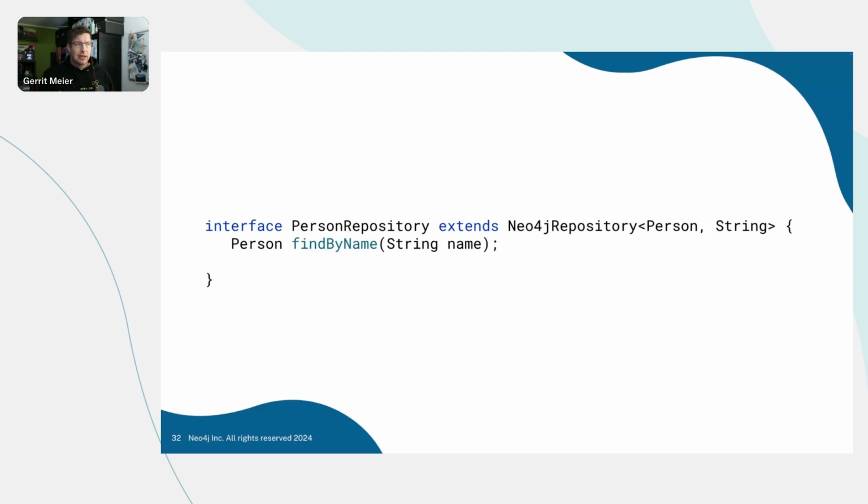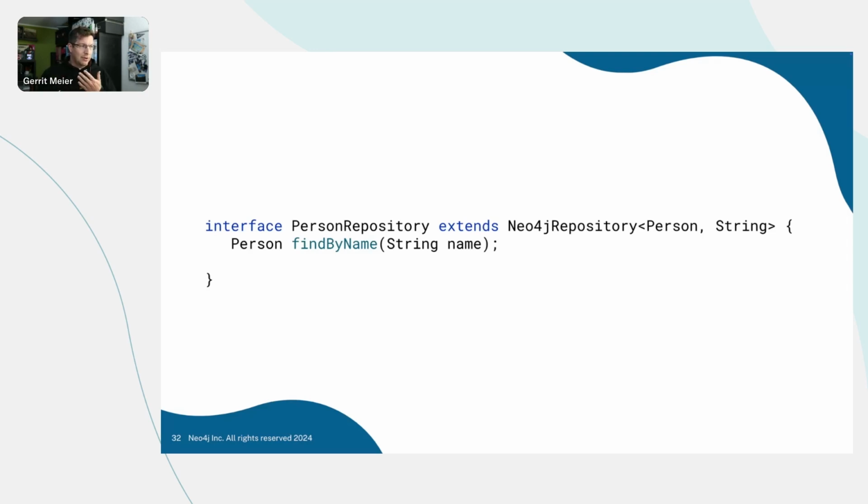So find by name, for example, will look at the person node in a graph and apply the same condition filter that you have seen before with the p.name equals the name that I will provide. We'll create this query and execute it then with this property provided as a parameter to the query.